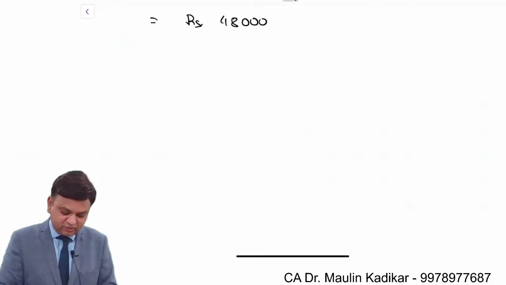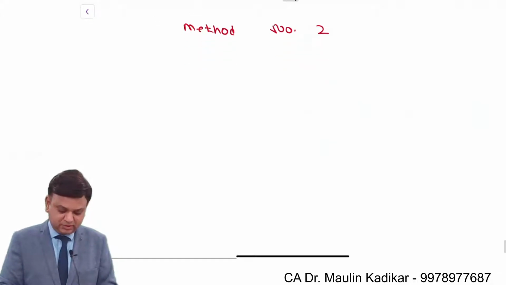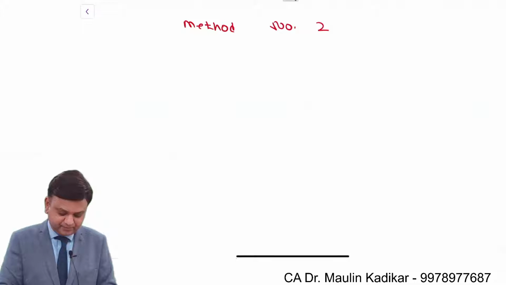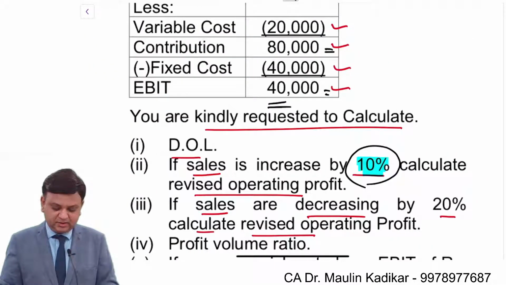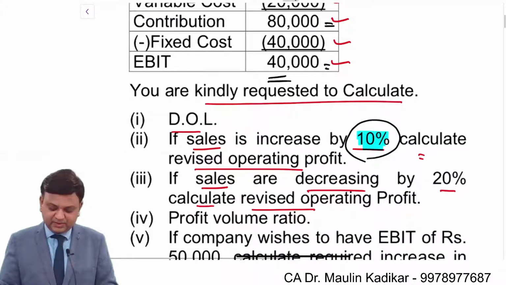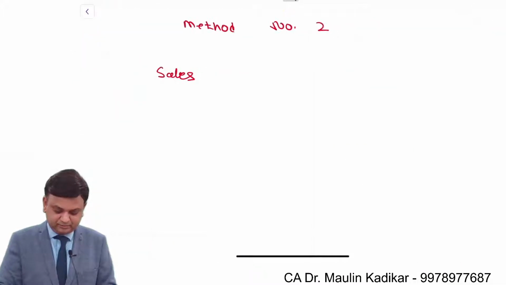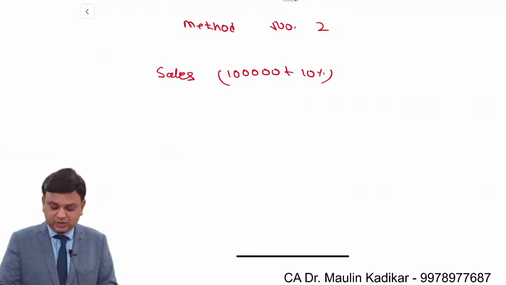At the same time, we can do the answer with an alternative method. Method number 2. In that, sales of the company, right now the sales is 1 lakh. It increases by 10%, so it will increase to 1,10,000.